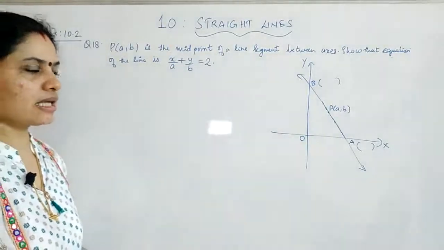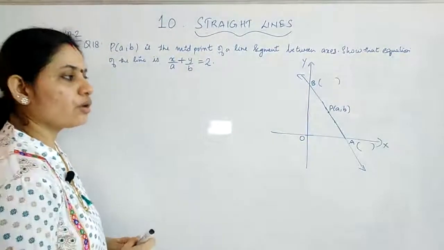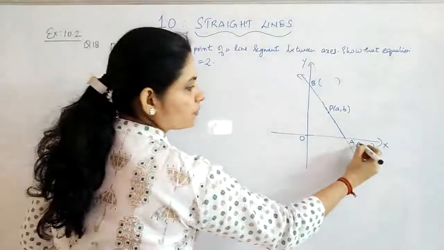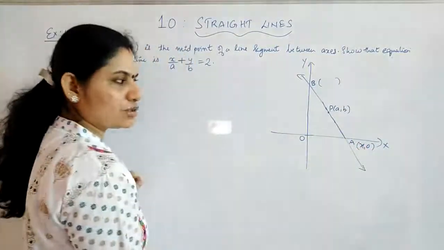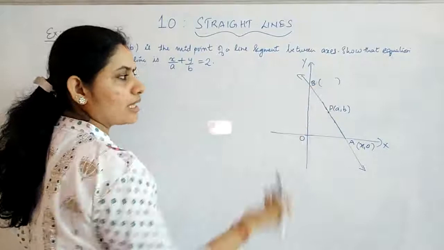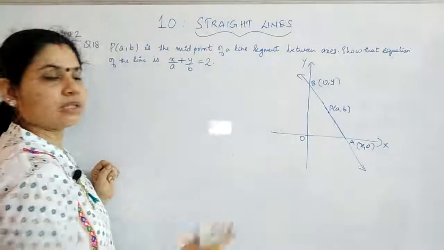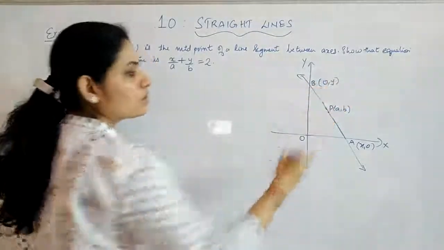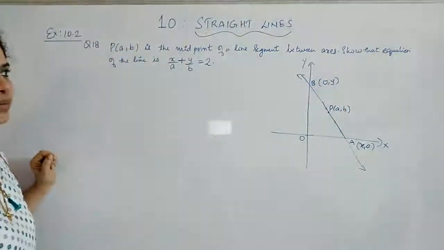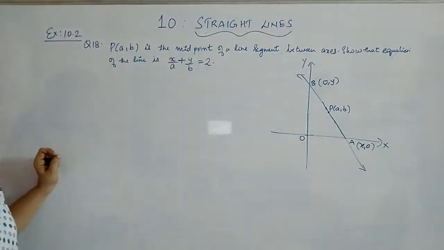Now what can we say about those points? A point on the x-axis will be of the form (something, 0), let it be (x, 0), and a point on the y-axis will be of the form (0, something), so that something is taken as y. So you get A and B as (x, 0) and (0, y) respectively on the x and y axes.